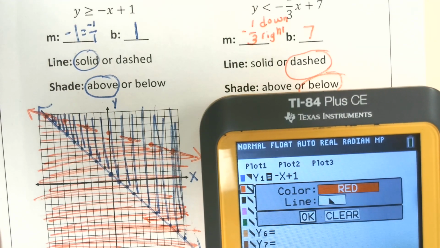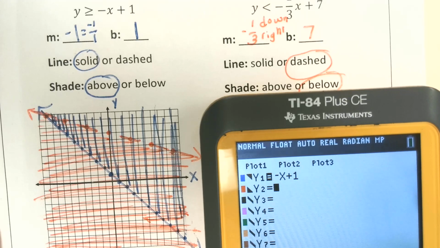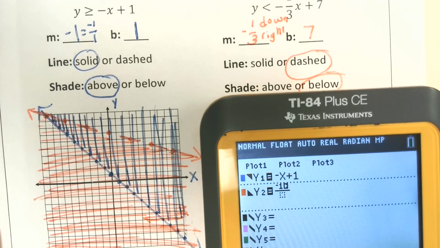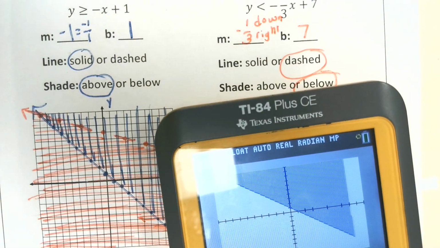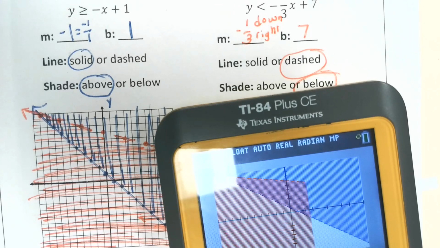Pick the below triangle. Remember, to get our fraction, do alpha y equals negative 1 over 3 x plus 7. Hit graph. Make sure it looks the same, and it does, so that's good.